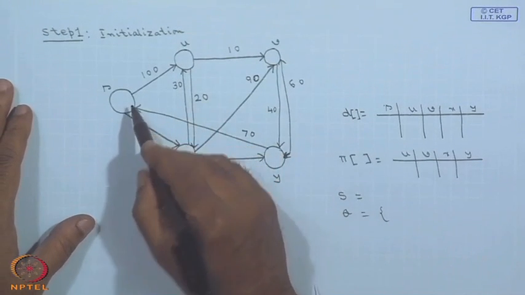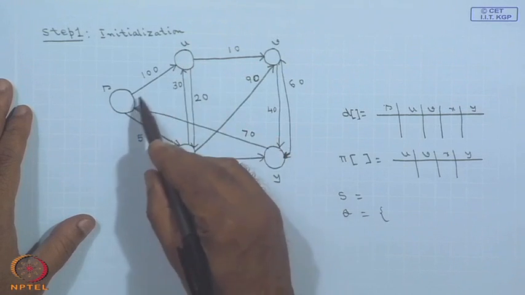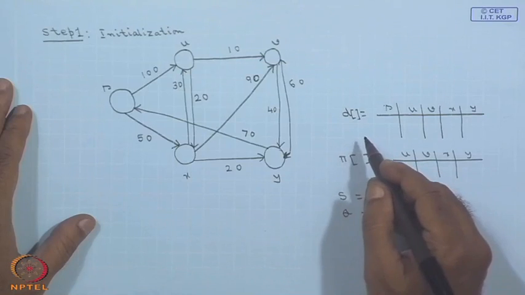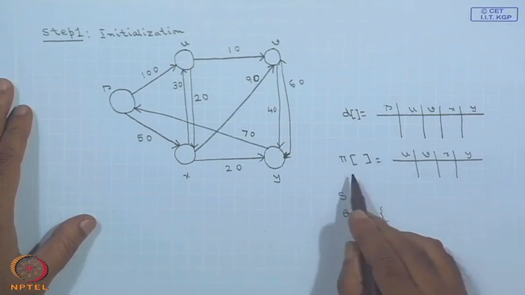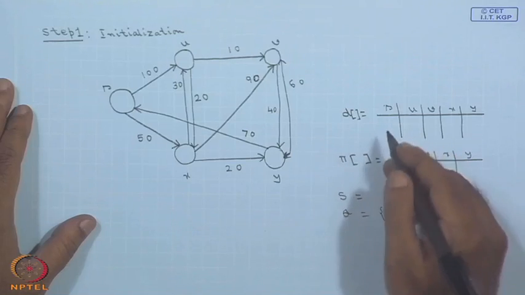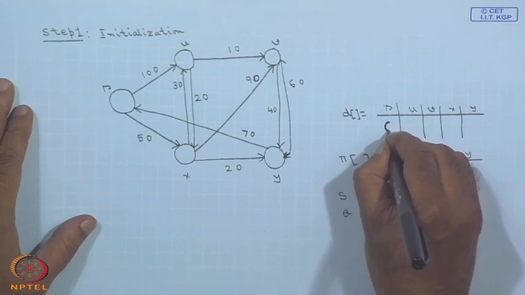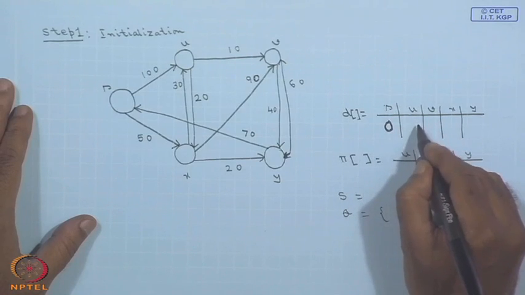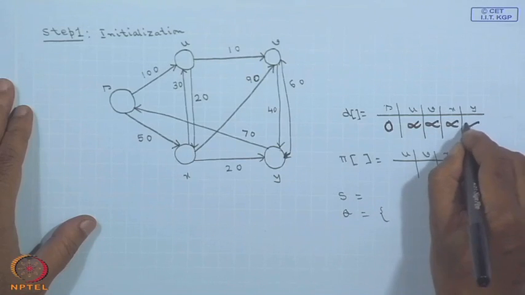Now, let us see the problem. In the problem itself, you are having the initialization, that is S to u, u to v. We have to find out what is your d, first, that is the distance, and what is your pi. So, your distance, obviously, S is 0, as I told you, since it is the source, and for u, all are infinity. This is the basic thing.